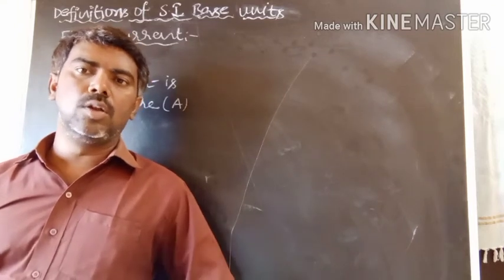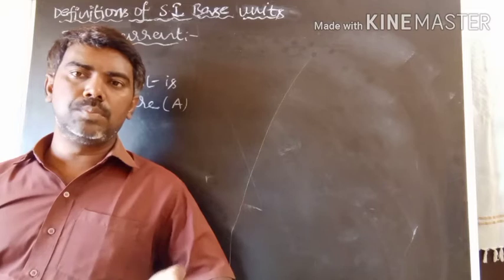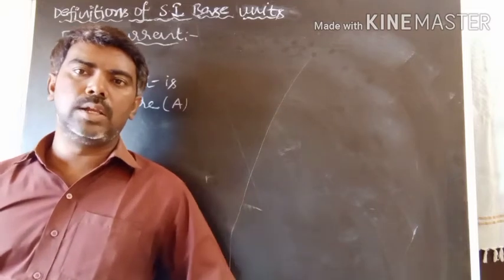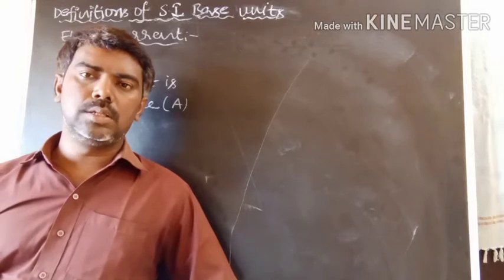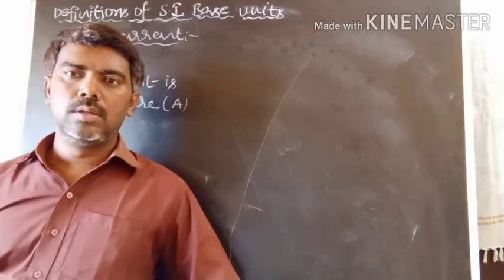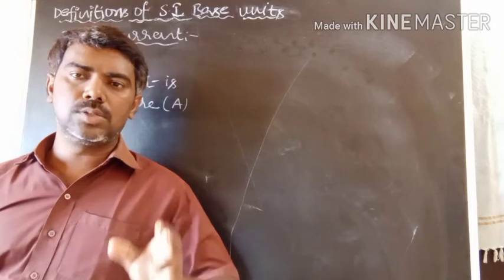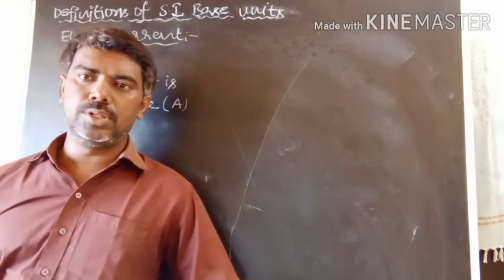How much force is developed? 2 into 10 power minus 7 Newton per meter of length. Then it is called an Ampere.